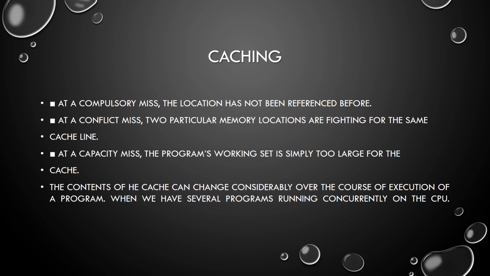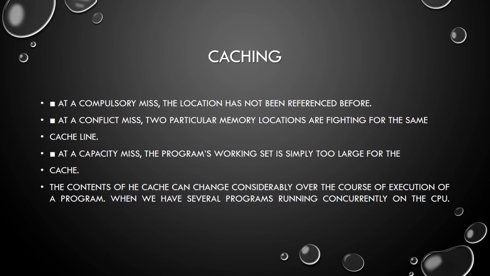The time required to access a memory location depends on whether the requested location is in the cache or outside of the cache. If it is outside of the cache, there is a miss. There are several kinds of misses: the compulsory miss, conflict miss and capacity miss. We have already seen this in the memory management mechanism.